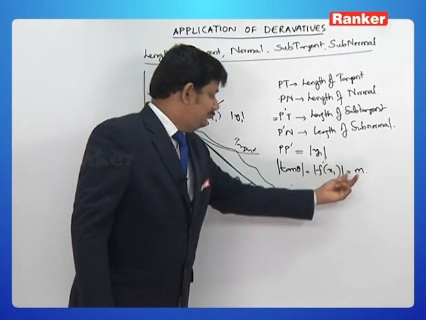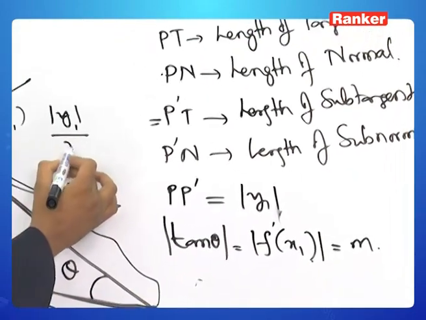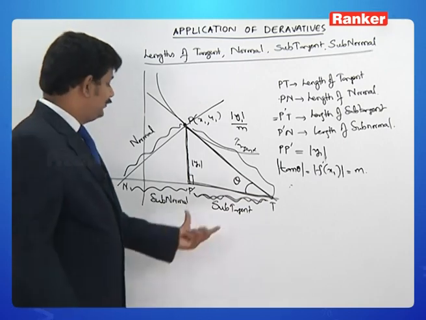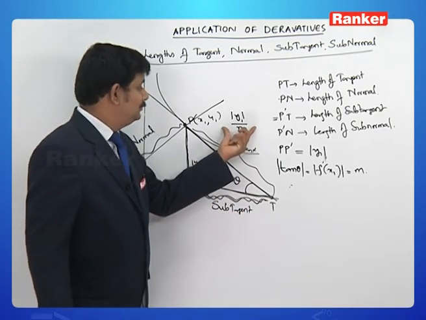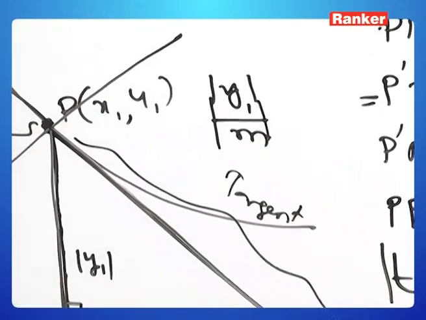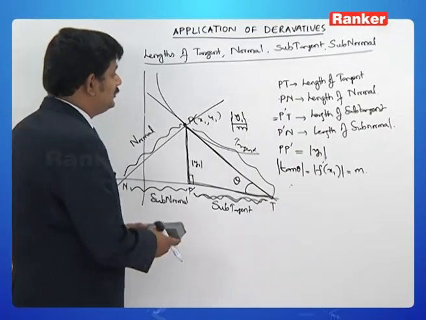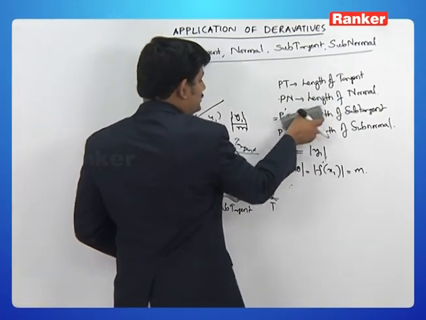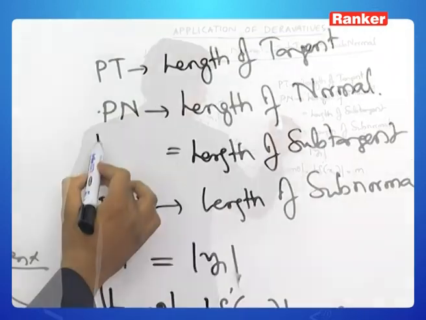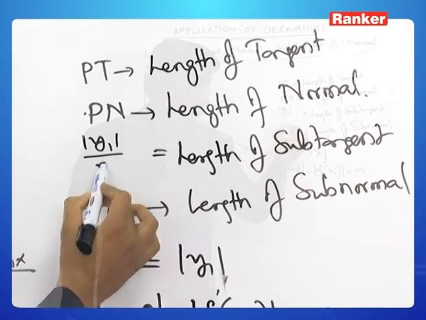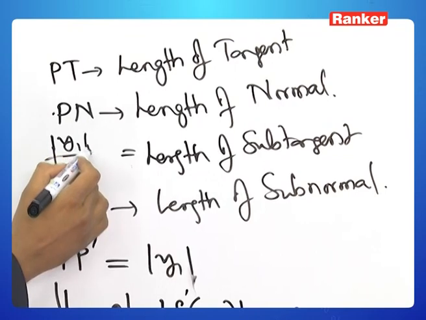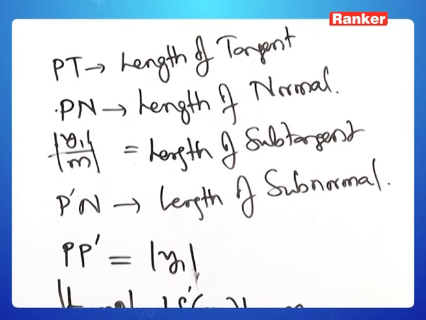Tan theta is m, so cot theta will be 1 by m. So length of subtangent is equal to mod y1 by m, where y1 is ordinate of the point and m is dy by dx at that point. The mod is for the entire expression because length has to be positive.